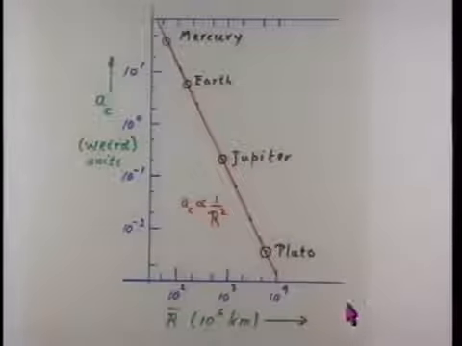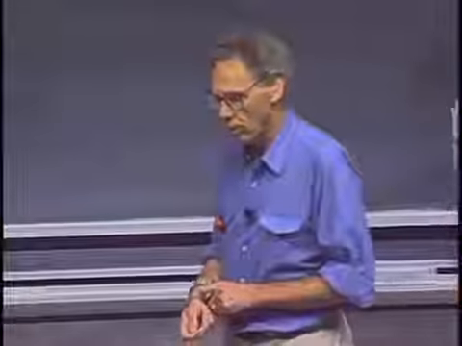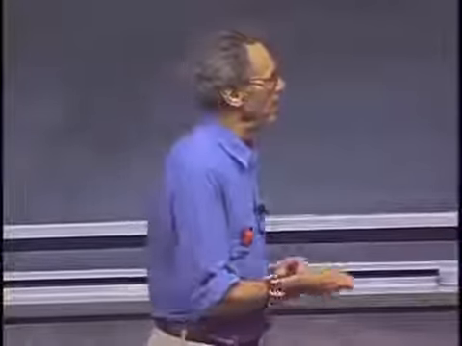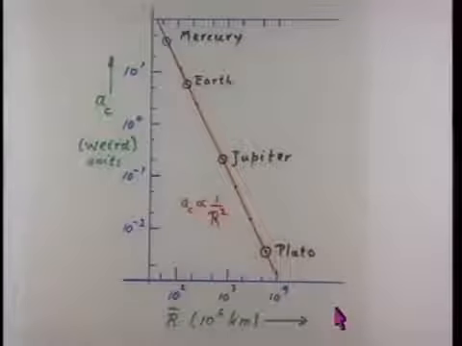So if you are 100 times further away, like Pluto compared to Mercury, then the centripetal acceleration, which is due to gravity, is 10,000 times smaller. And we will learn a lot about gravity in the future. We will just leave it for now.